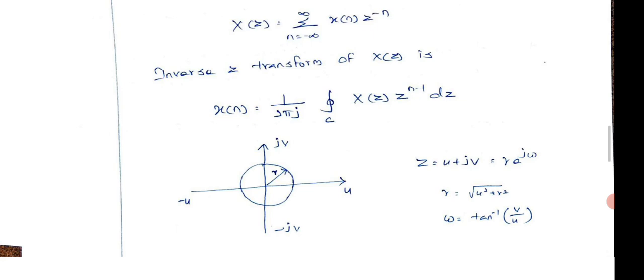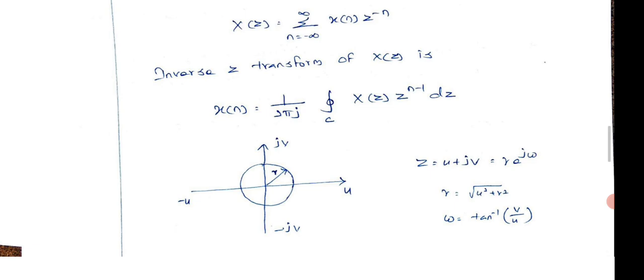So we have to draw the circle with radius r, small r. That is our ROC, region of convergence, where u and v are the real and imaginary parts of z. So the real part is u, the imaginary part is v.